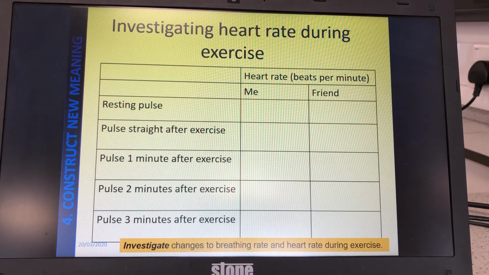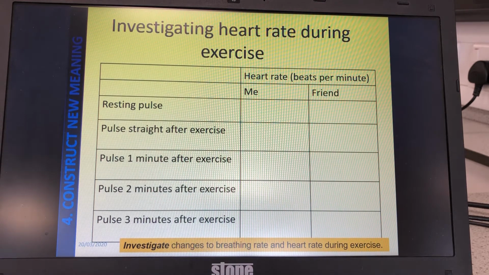Okay, we're now going to do 1 minute after exercise, counting in. Find your pulse now. Still sat down. Nearly there.